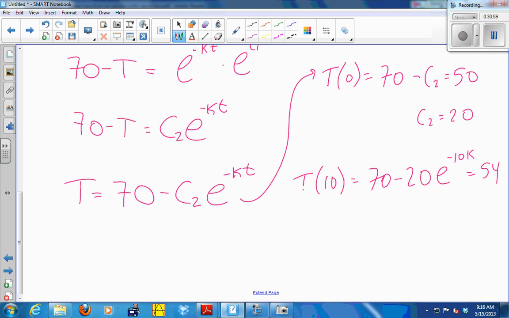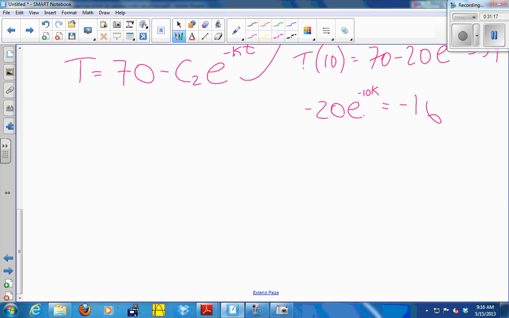So now I solve this thing for k. So negative 20 e to the negative 10k equals 54 minus 70, negative 16. Divide both sides by negative 20, e to the negative 10k equals 16 over 20, which is 4/5.